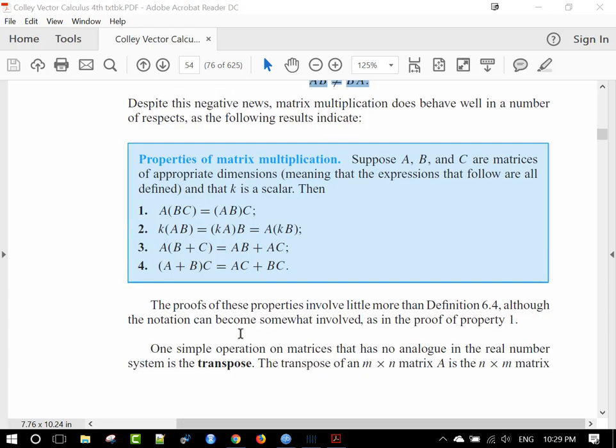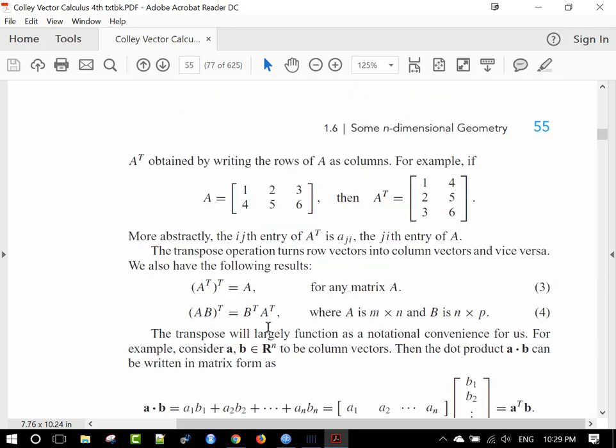Okay, one more operation that we're going to define, and there's nothing like this for a number, is called the transpose of a matrix. So let's look at an example. So here's a matrix A. How many rows does it have? It has 2. How many columns does it have?